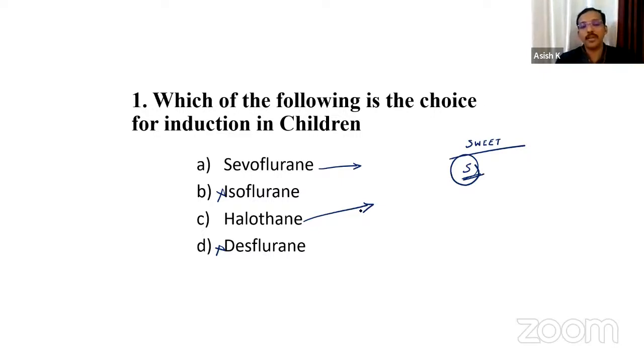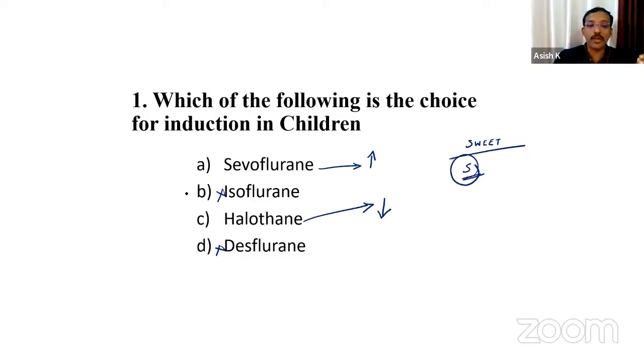etc. So what happened? Gradually, halothane decreased in popularity. Then came sevoflurane, which has increased popularity because it is sweet to smell and has a reasonably okay MAC value. So you get an easier induction with children. See, isoflurane, although it has a better MAC value, is not very comfortable for inhalation. It is an irritant, and desflurane is also known to be an irritant.